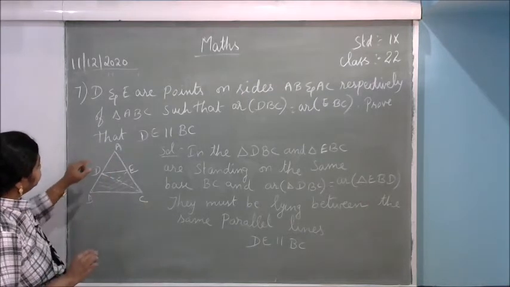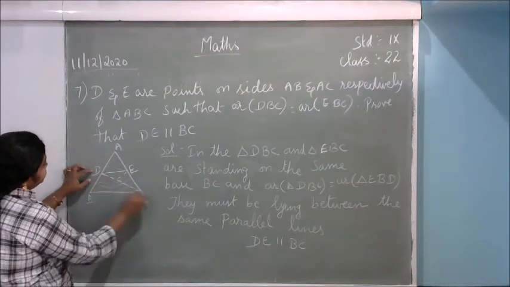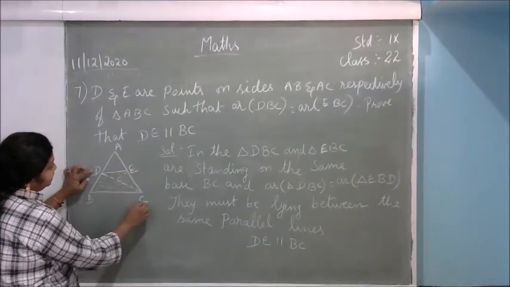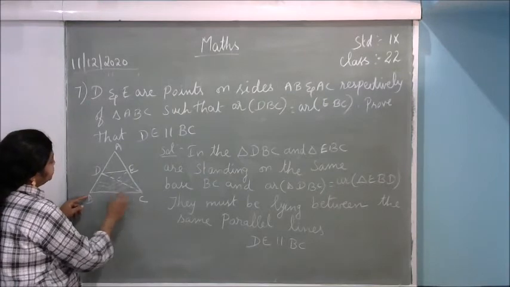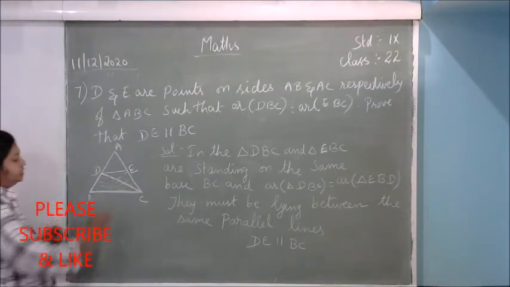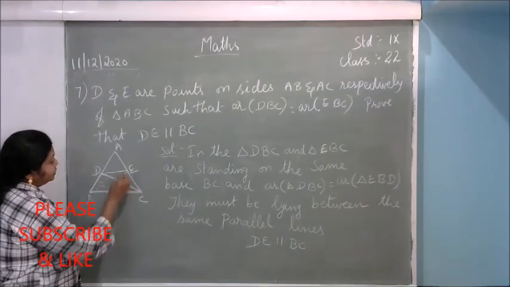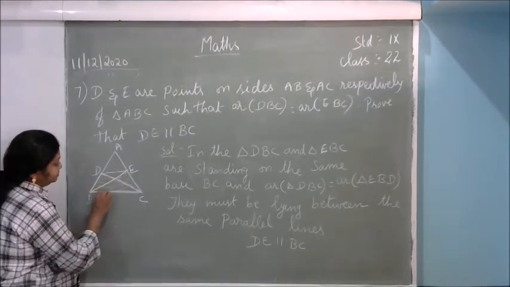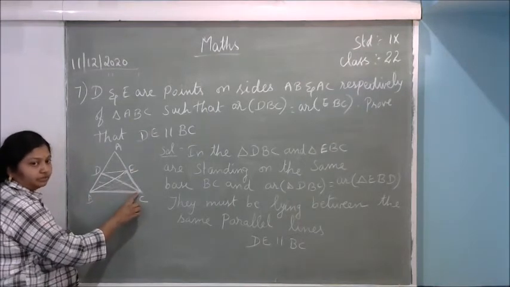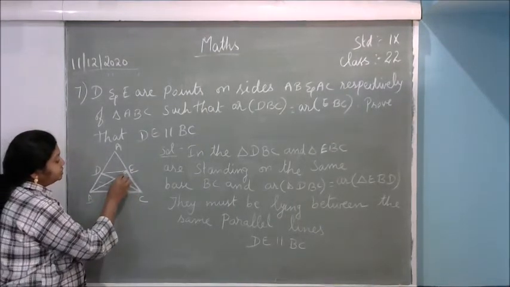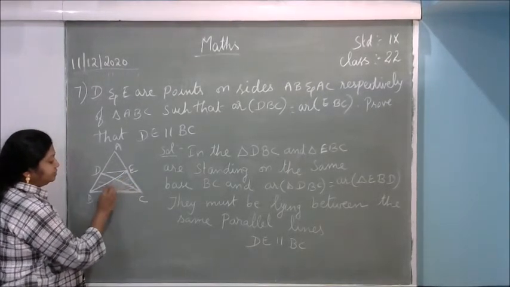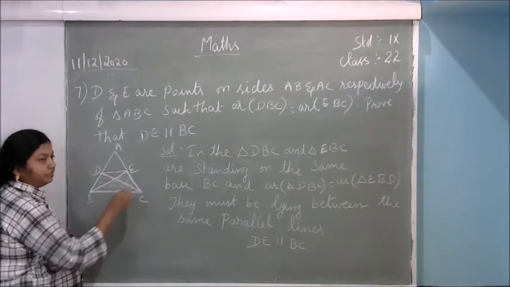In triangle DBC and triangle EBC, which one is the base? For this triangle and for this triangle, for both triangles the bases are equal. The bases are equal, then both triangles' areas will be equal.